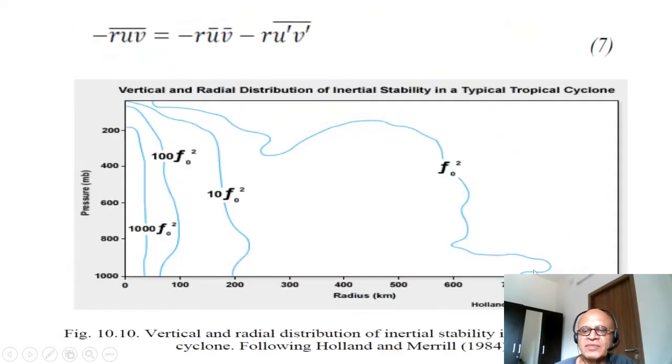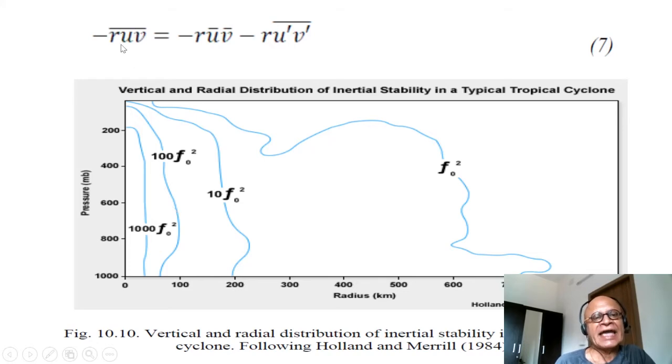So we are going from the outer edge of the cyclone towards the interior, and you can see that the outer edge, the stability is shown here as F0 squared, and as you come towards the eye, stability increases 10 times F0 squared, but it's high near the surface and drops off towards the upper levels. And the same thing happens here for eye wall and the inner rain bands.